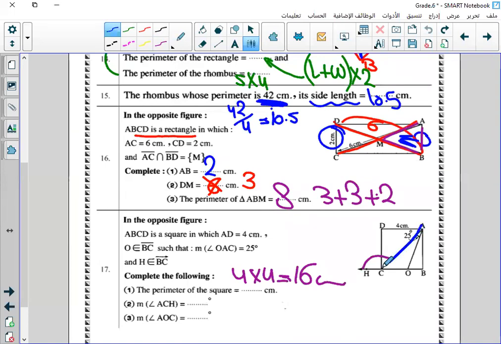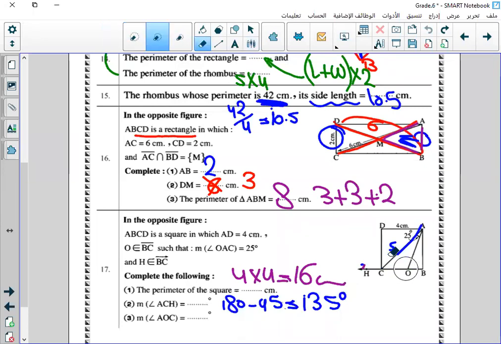AC is a diagonal in the square. Because the angle equals 90, this diagonal bisects the angle into 45 and 45. So ACH equals 180 minus 45, which equals 135.